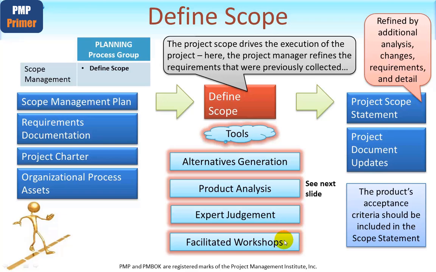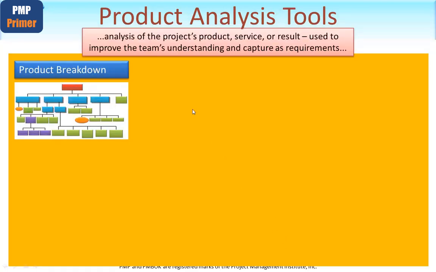Let's quickly go over those tools now in a little bit more detail, but first remind ourselves that what we're doing here is analysing the project's product, service or result. And this tool should be used to improve the team's understanding and then to capture as requirements. The first tool is called a product breakdown structure.